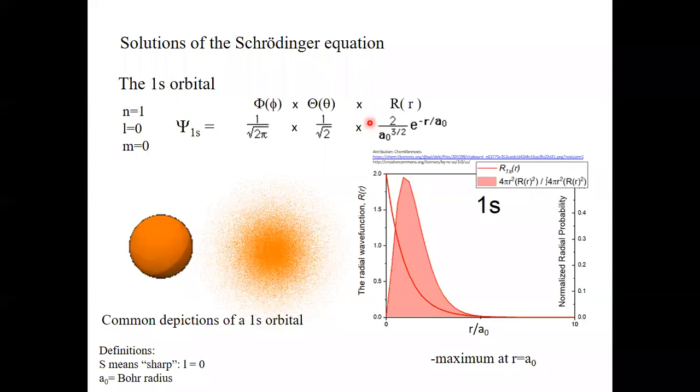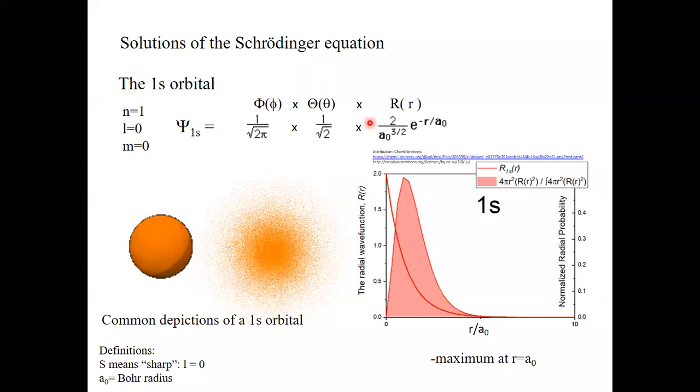Okay, in the last class, we started to discuss the quantum mechanical model of the hydrogen atom, and we derived the Schrödinger equation for the electron in the hydrogen atom, and then we also saw how this Schrödinger equation can get solved.